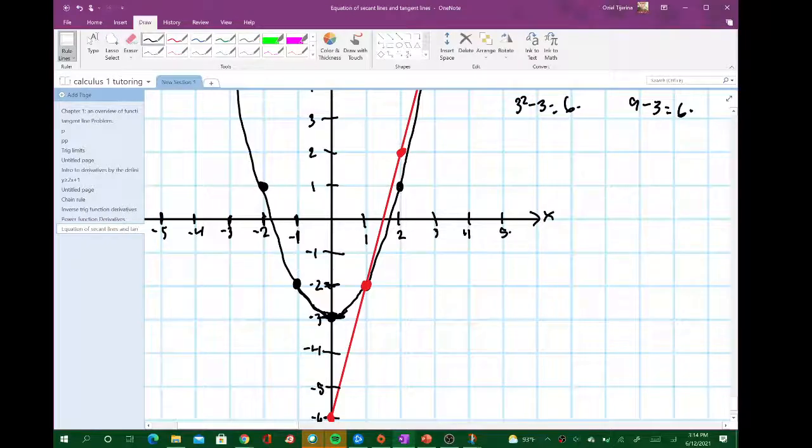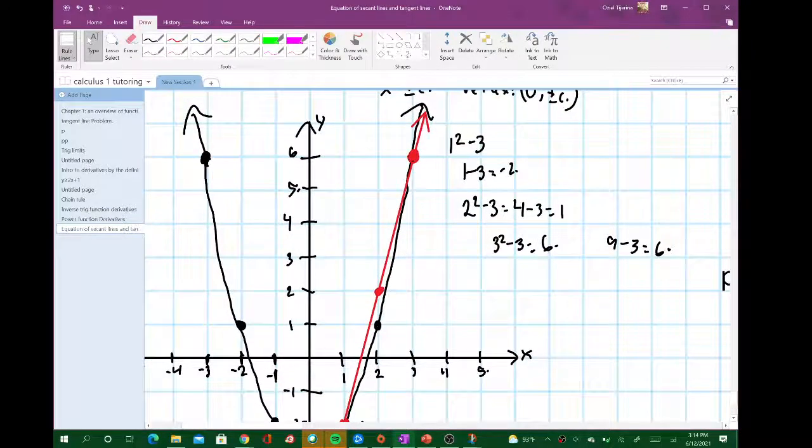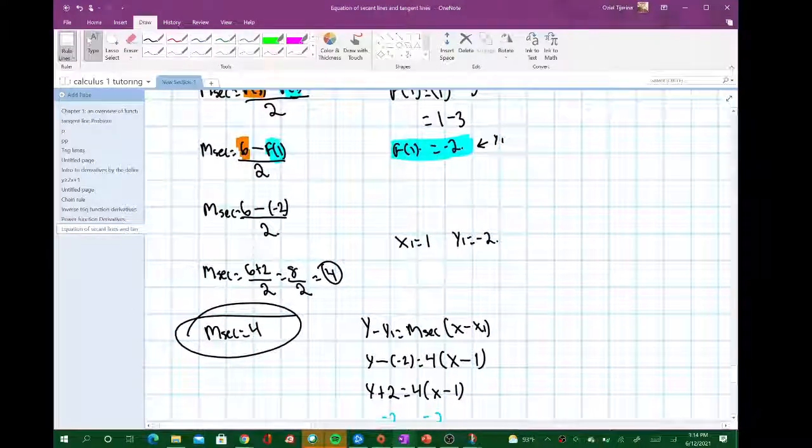So actually hold on, this is x1, y1, this one right here, and this one is x2, y2, okay? And that is how you find an equation of a secant line between 2 points.